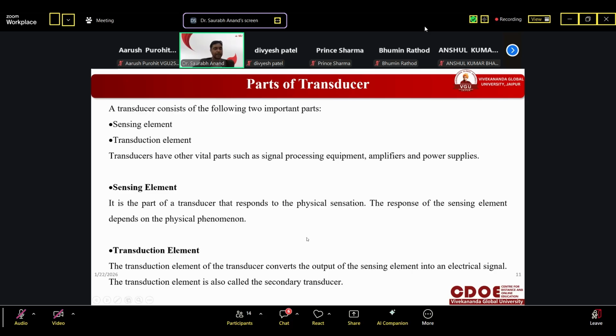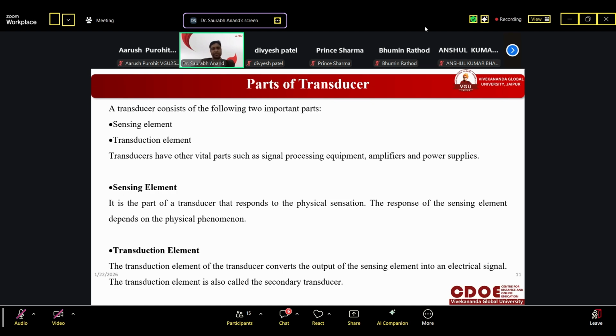For example, whenever I am saying something, it is sound energy, and the signal received by you is not sent through direct communication. It was processed, then sent to you, and reconverted into sound. So sound to electrical, electrical to sound. These two processes were done by a transducer.